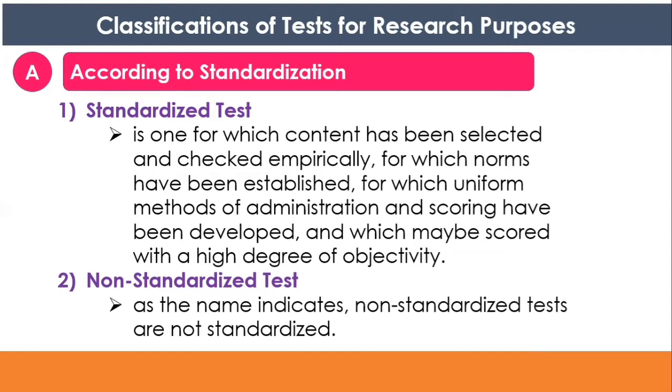Examples of standardized tests are aptitude tests, personality tests, and interest inventories. Now, in order for us to better understand this, let me give you an example. For example, an intelligence test is made for high school students. The test may be used for a long time for high school students, but it cannot be used for other groups of people.